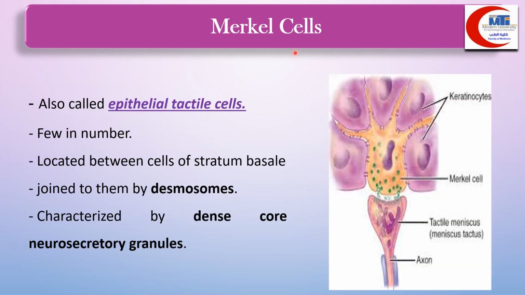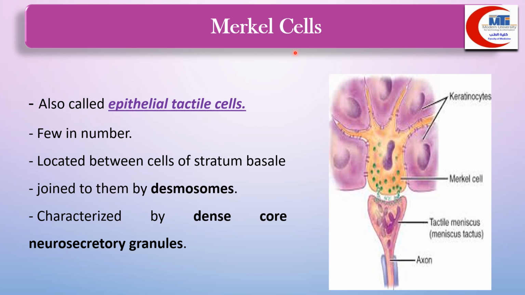The last cell of the non-keratinocytes is Merkel cells. They are also called epithelial tactile cells, few in number. They are present in the basal cell layer of the epidermis and are most numerous in thick skin.